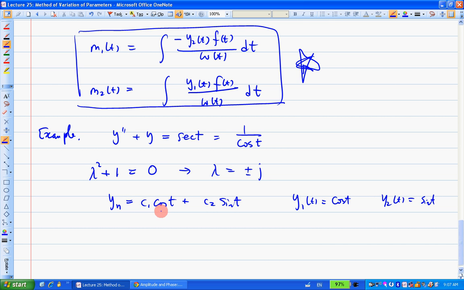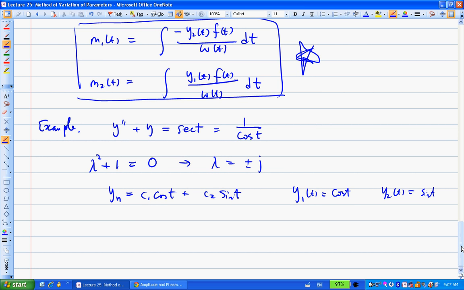That's actually one of the mistakes: many people are able to write down yH, but can't figure out what y1 and y2 are. Sometimes I see people write y1 equals c1 cos t, c2 sin t, and that's not right. y1 and y2 are not the general one, they are just particular ones.